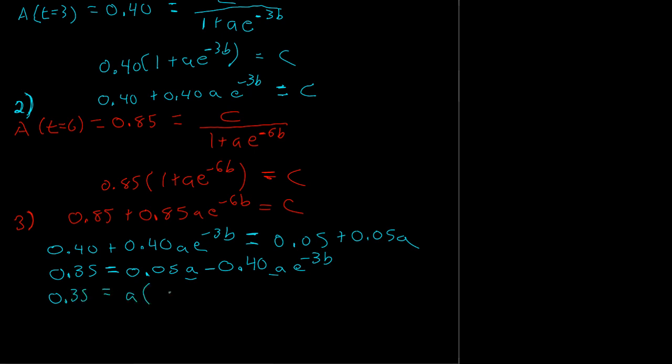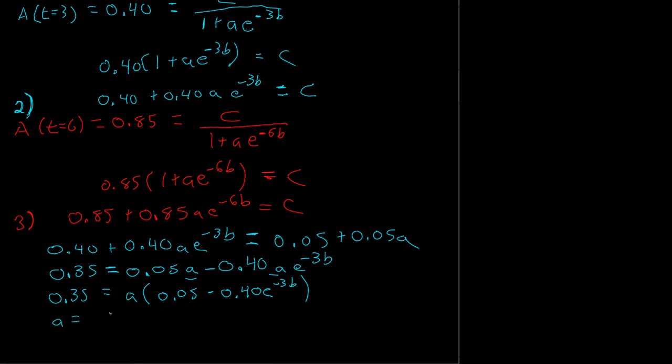And it's going to leave behind 0.05 minus 0.40 e to the negative 3b. Well, I'm going to divide both sides by this. And I'm going to write my a on the left-hand side now.